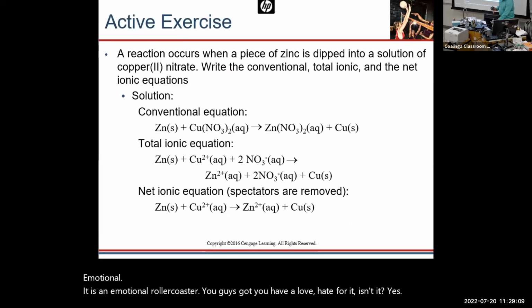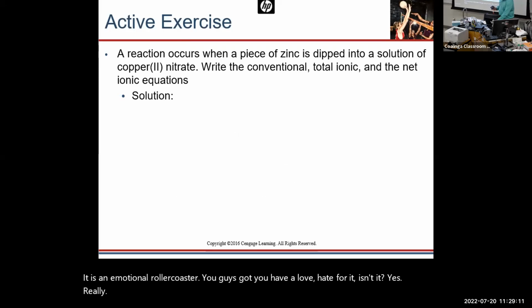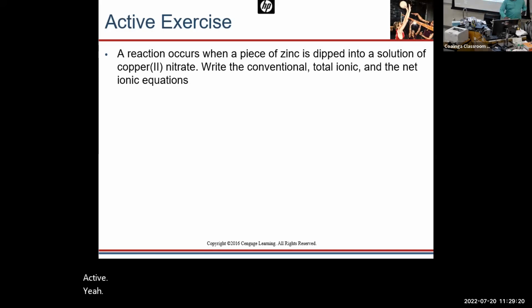I took stats in high school and I had a full mental breakdown. I literally cut my hair for that. Because the equations for stats are so long.